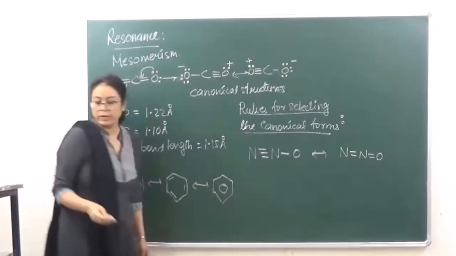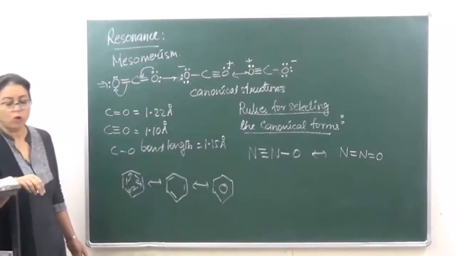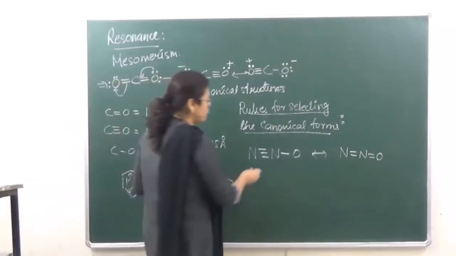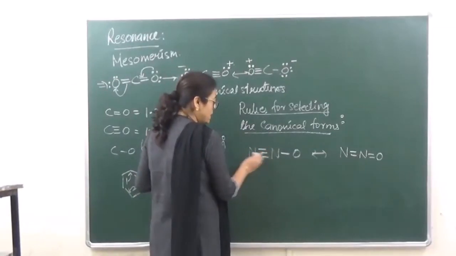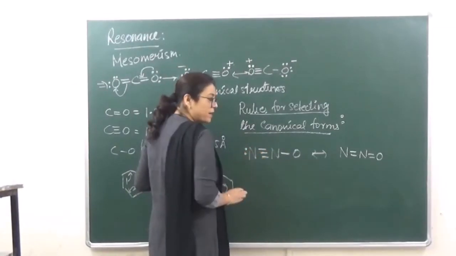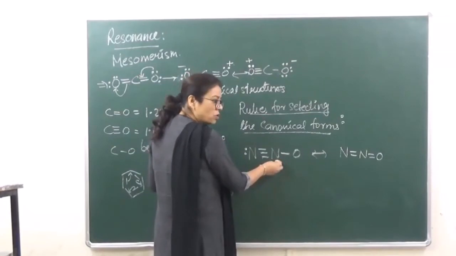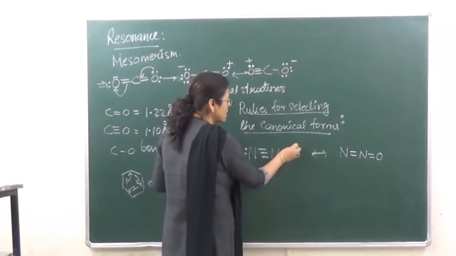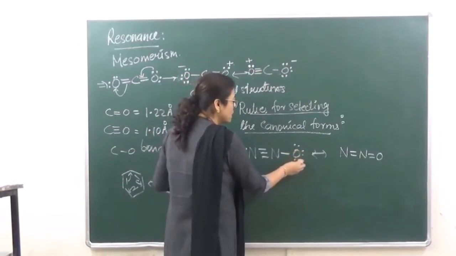Let's say these are the two resonating structures of N2O. Let's put the lone pair of electrons 1, 2, 3, 4, 5, 6. So we have 2 over here. Okay? There is no electron in this. 1, 2, 3, 4, 5, 6.